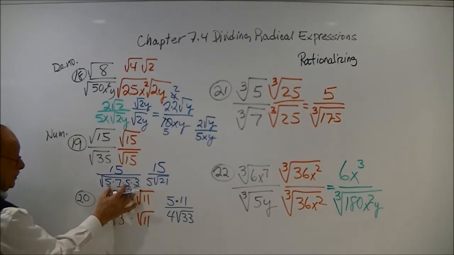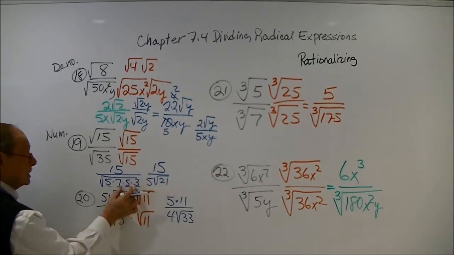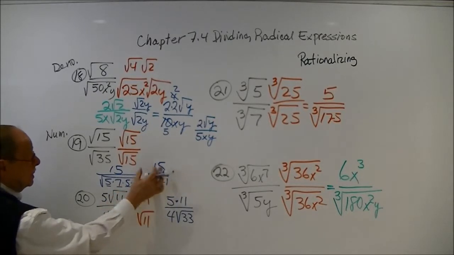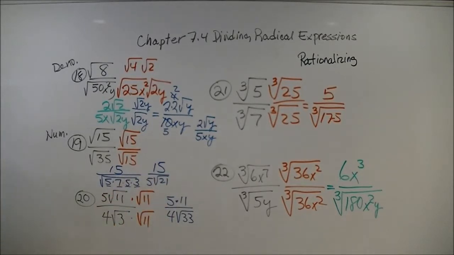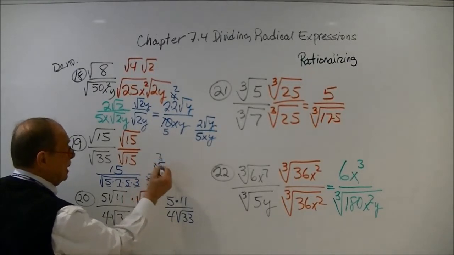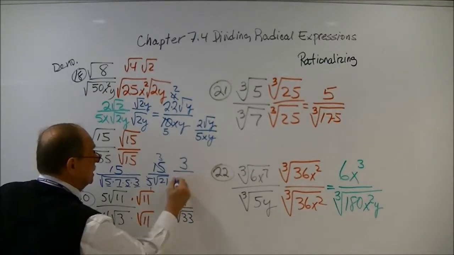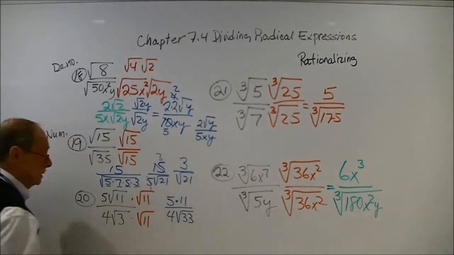So you see I have 25 there, and the square root of 25 I pull out as the 5. And then what's left under the radical sign is 21. So this is what I have. But now you'll notice I could cancel 1 out of there, 3 out of there, so my final answer here is 3, the square root of 21.